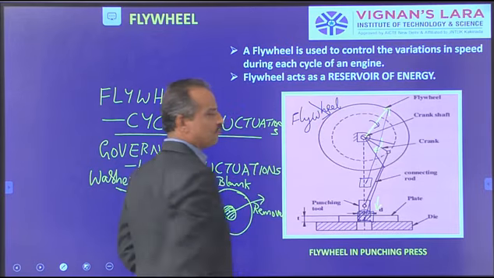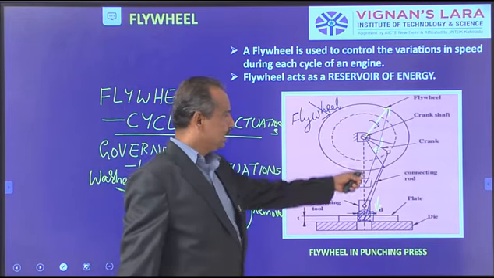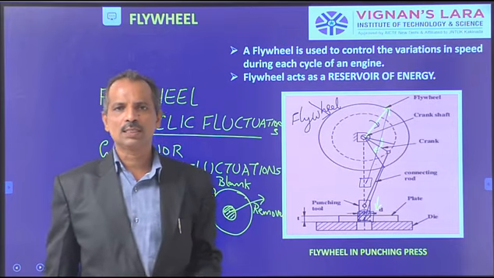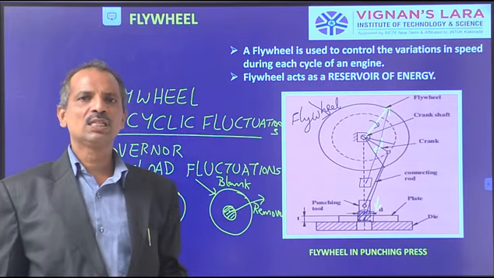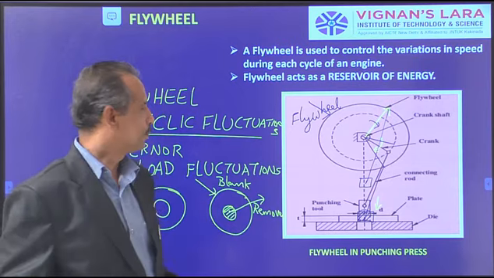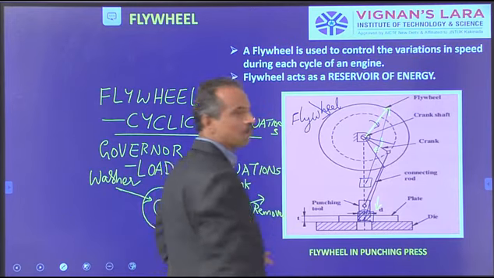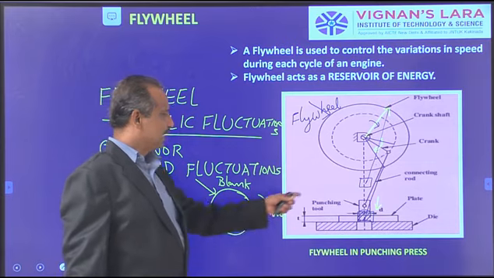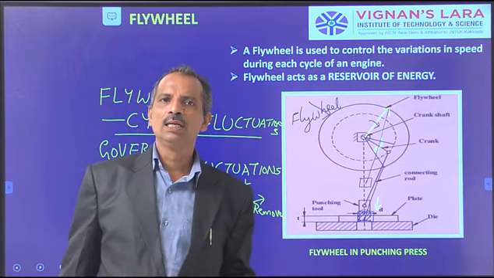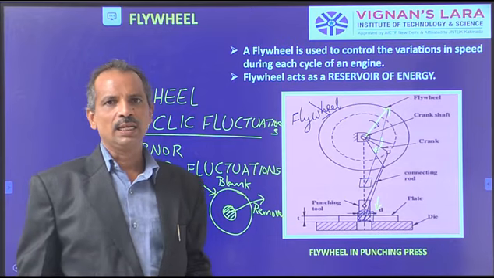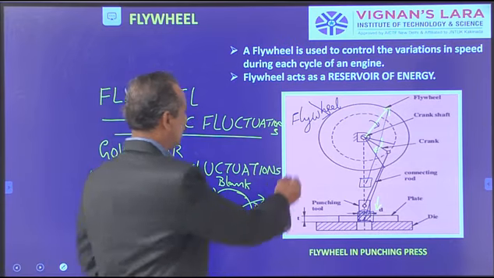That means when the punch is not hitting the workpiece, the energy which is available in excess is preserved in the flywheel, and when it is hitting this workpiece and requires more energy, the flywheel delivers the excess energy which was stored earlier.